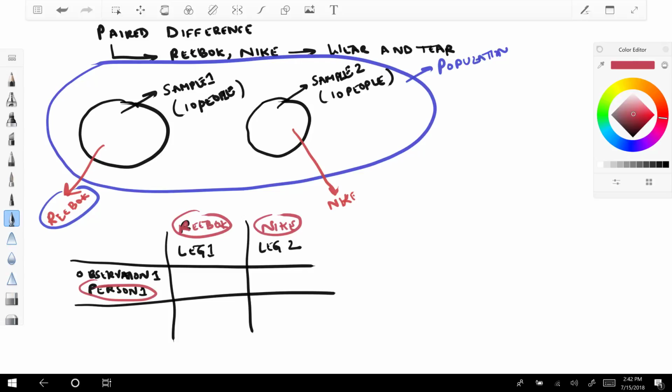So we can do the same thing with observation 2. So this will be person 2. For our convenience, I am writing person 2.